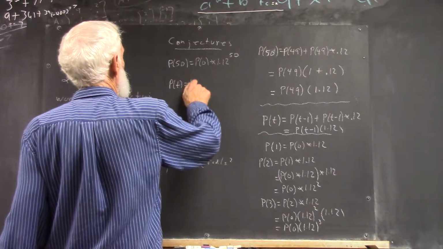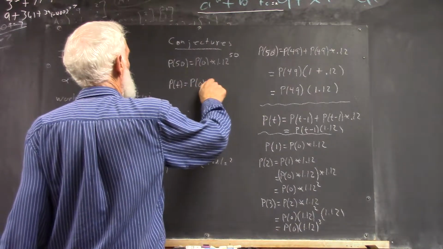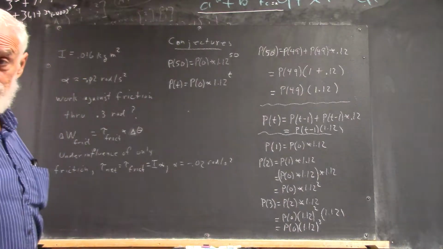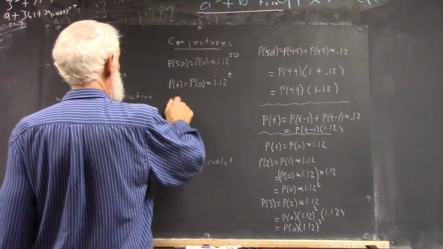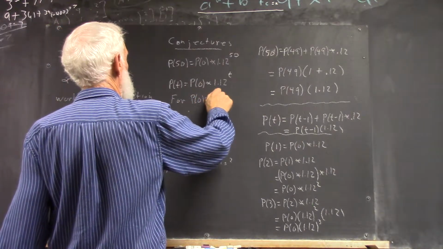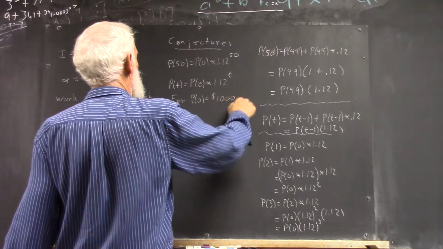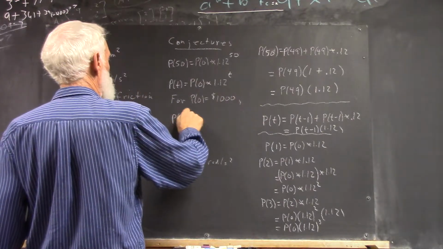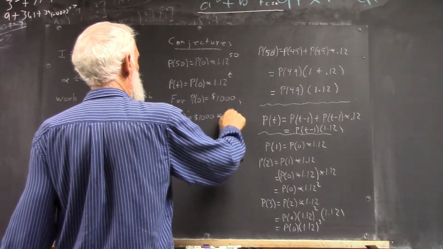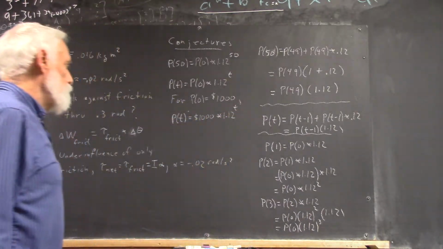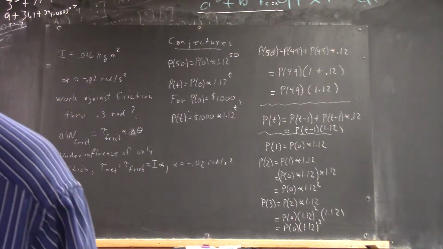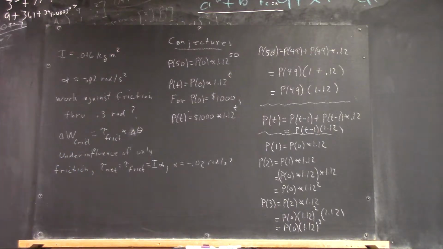So now we have P of 0 times 1.12 to the t. So, P of t is $1,000 times 1.12 to the t. Okay?